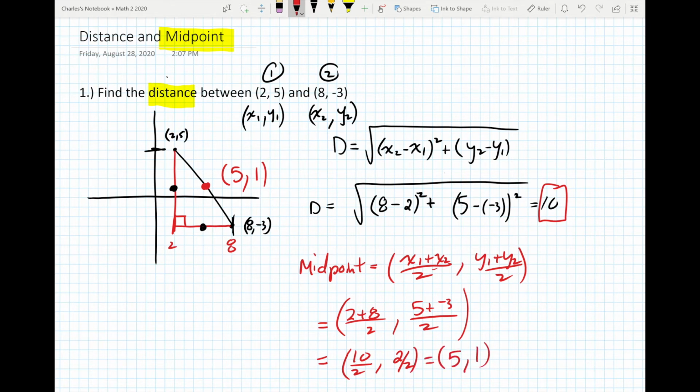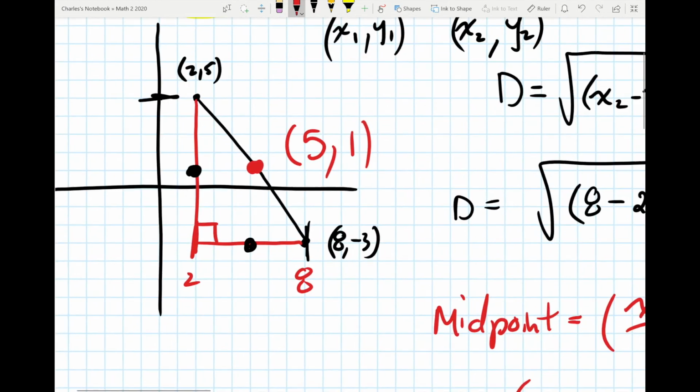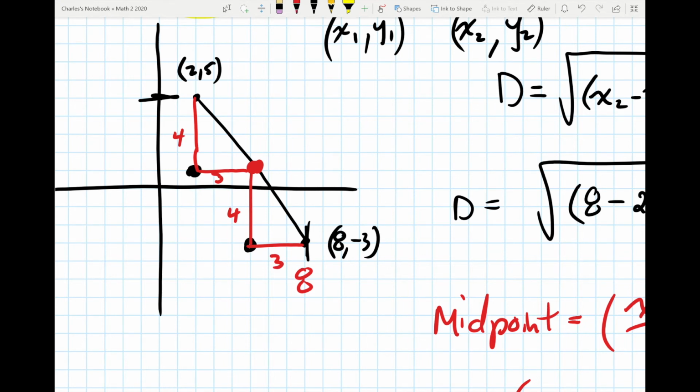One other thing I could show you is that if you look at what happened with this midpoint, I created two triangles here that were each right triangles that were kind of similar in that they had a leg of 3 and a leg of 4.